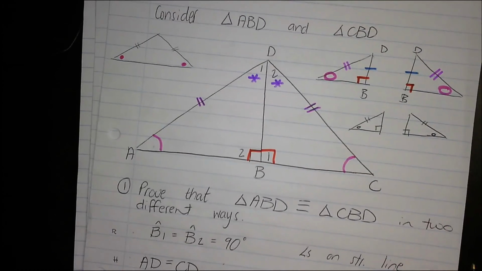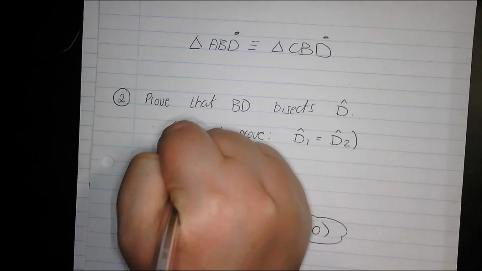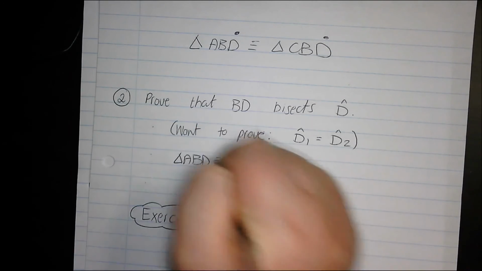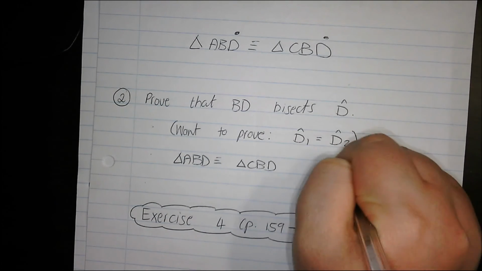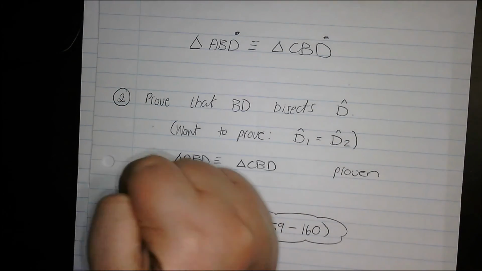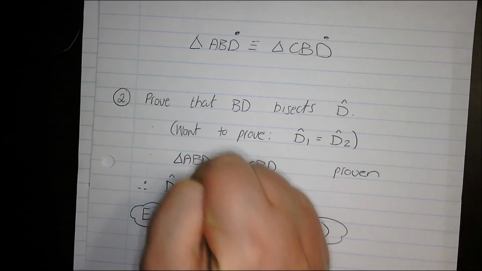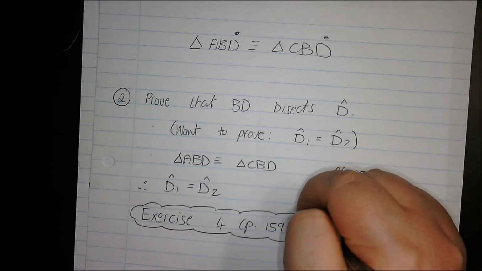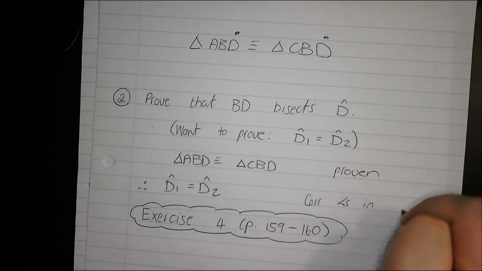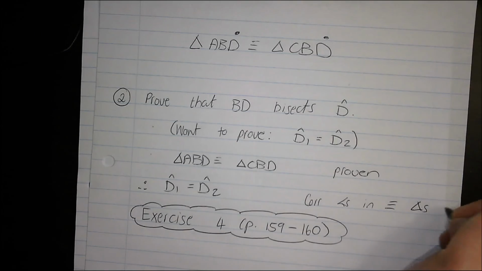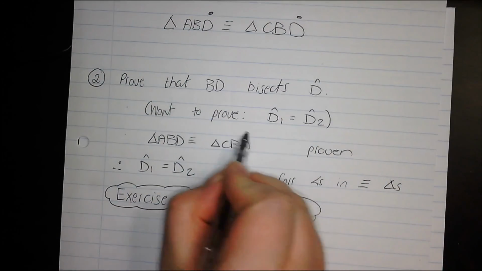Okay, therefore, we can say triangle ABD congruent to triangle CBD. That's proven. And we can say D1 is equal to D2 because corresponding angles in congruent triangles are equal. Okay, you can also just say this as your reason.